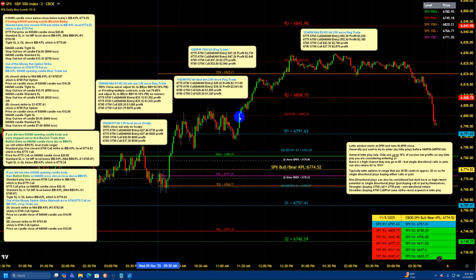Mid R1, R2. You can see here on this candle here at 10:06, we have a high wick touch on this candle, and then it backed off. Of course, it did go back to it here and started closing above it here and closing right up against it. But here is the first touch.